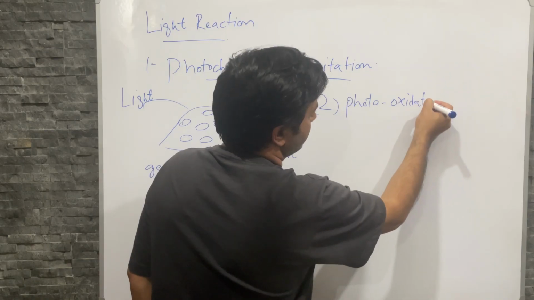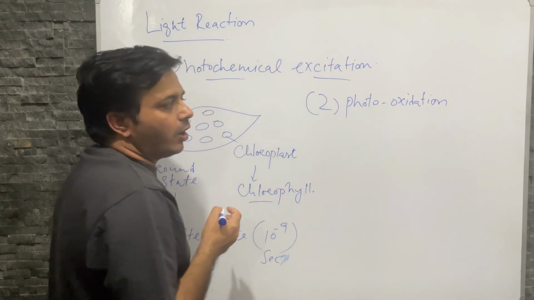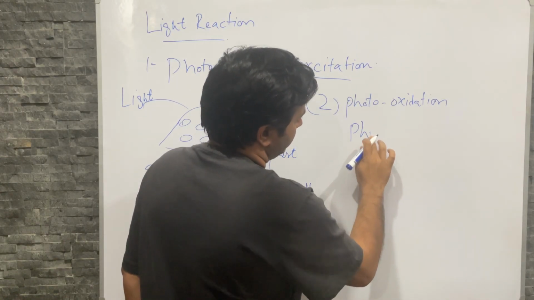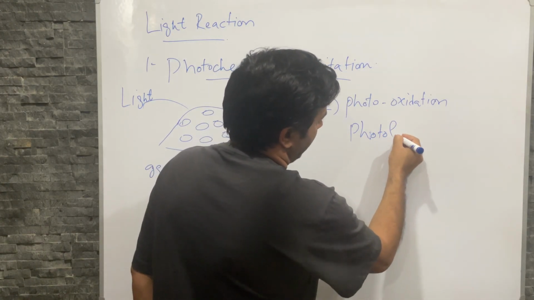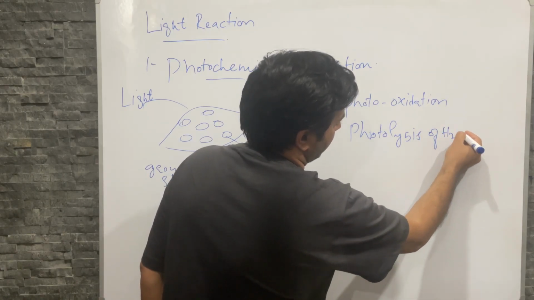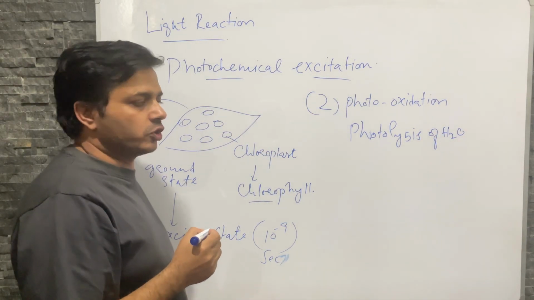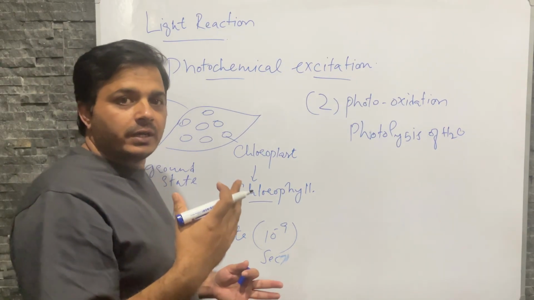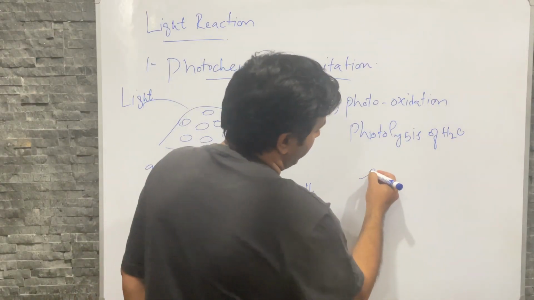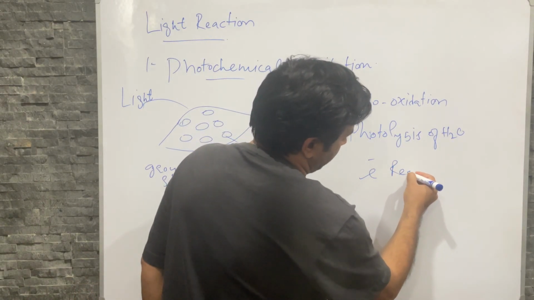In photooxidation, a water molecule is split, which is equivalent to photolysis of water. Oxygen is released, and then electrons are released.